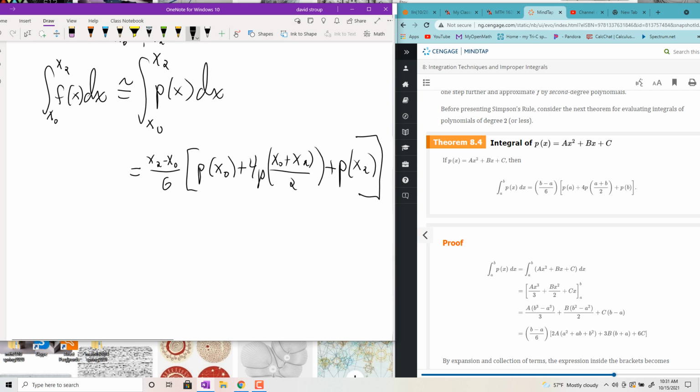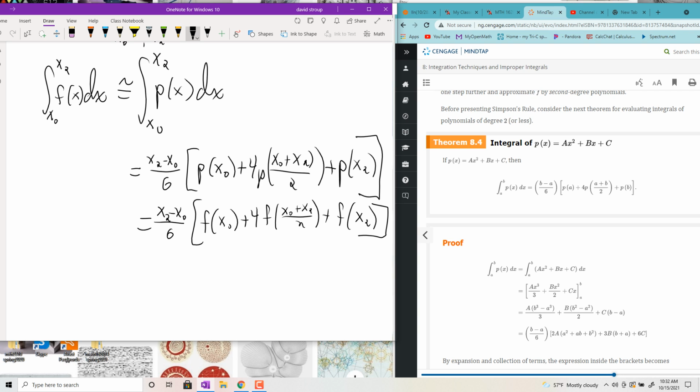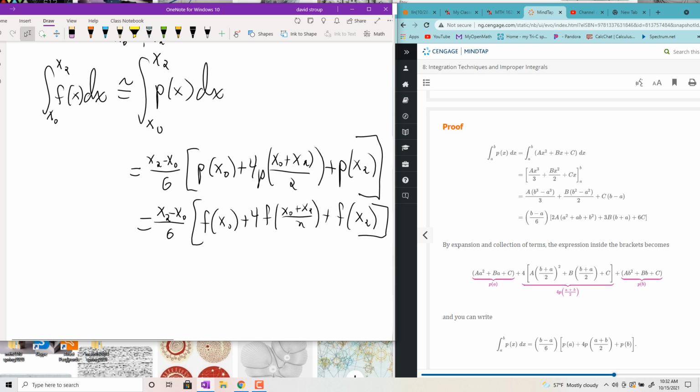In other words, you can evaluate this integral of this polynomial just by evaluating f of x at those points. Those will have the same answers, right? And that's the basis for Simpson's method.